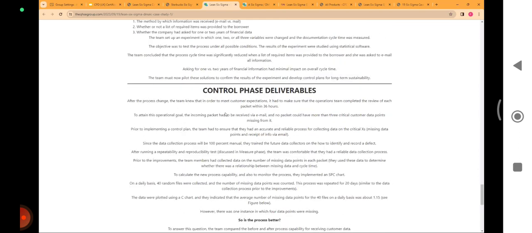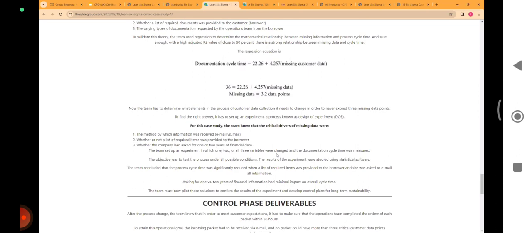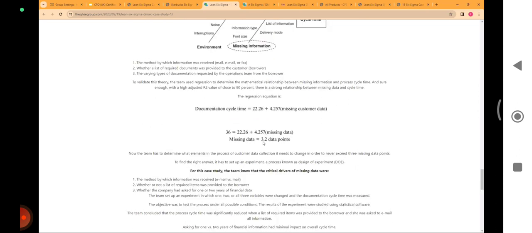So they measured for 20 days and plotted it on this C chart here. The data was plotted on a C chart and the average number of missing data points for 40 files on a daily basis was 1.5. As you can see, in these improvement phases, they had some improvement ideas so that we are going to have less than 3 blank points on this application form.